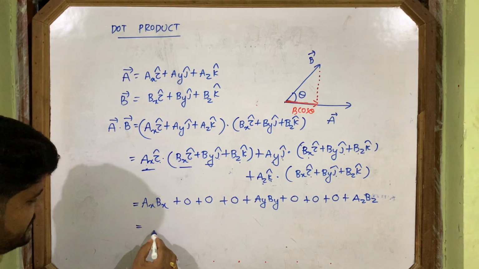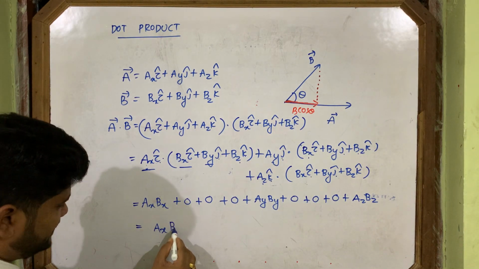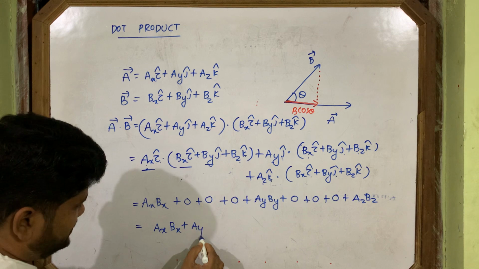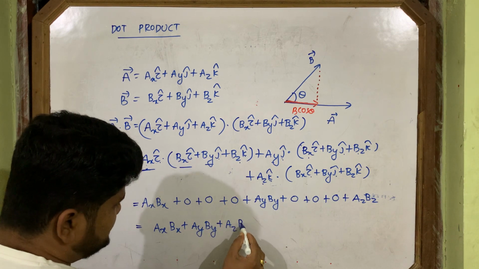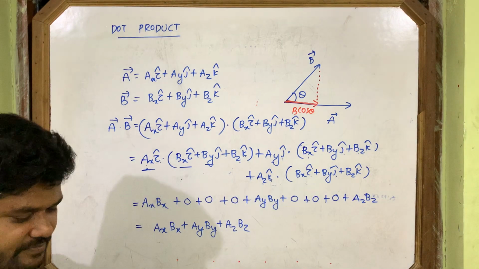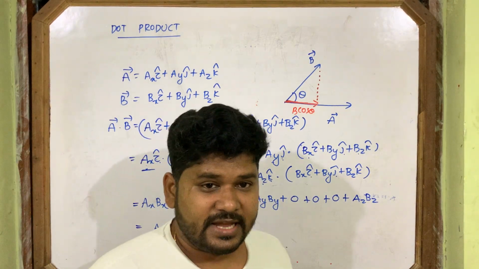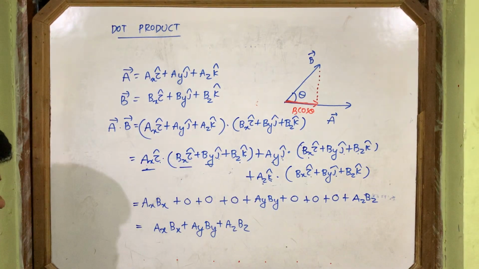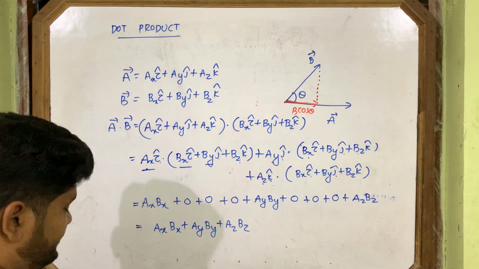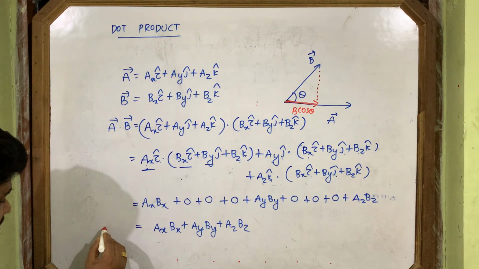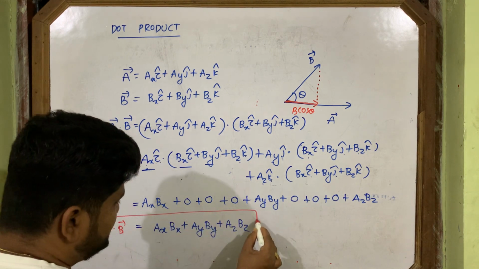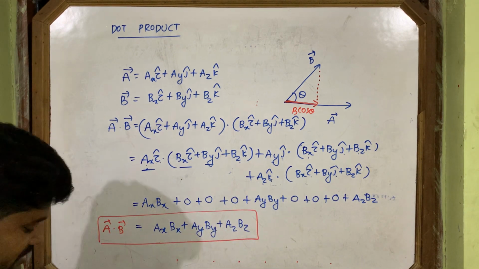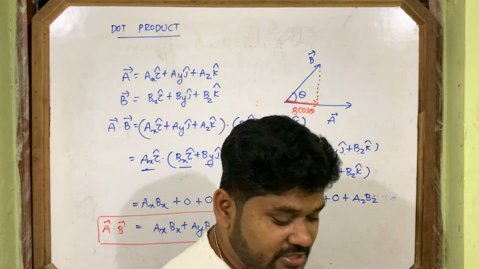So the final answer you got is ax bx plus ay by plus az bz. Understand my point? This is the final formula which you have to remember to do the questions in the next chapters as well as in this chapter.